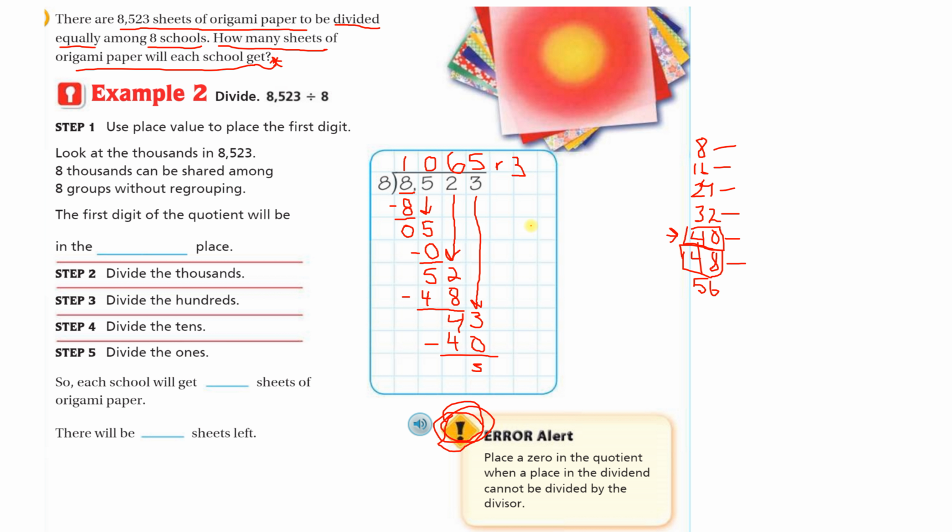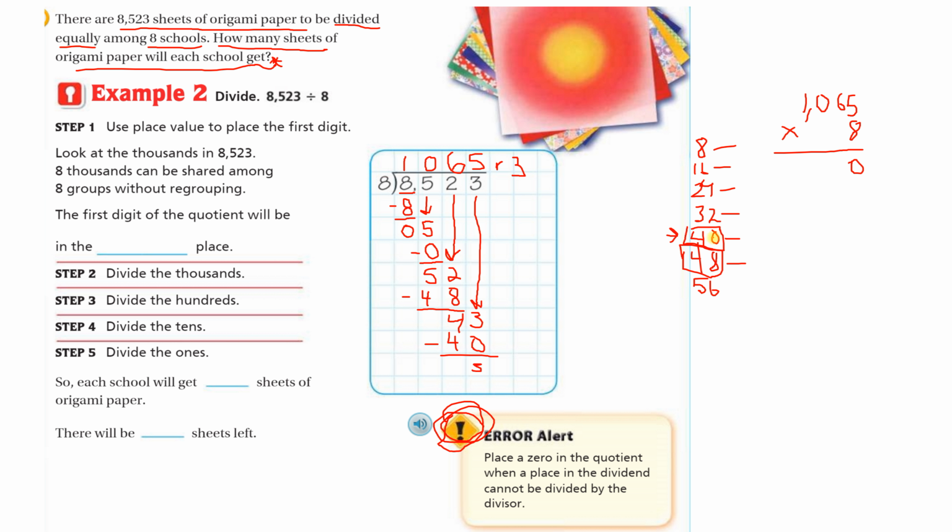Remainder 3. Okay, again, to check my answer, I take that quotient, 1,065. I ignore the remainder for now, I take just that quotient part, not the remainder, times my divisor 8. 8 times 5 is 40.